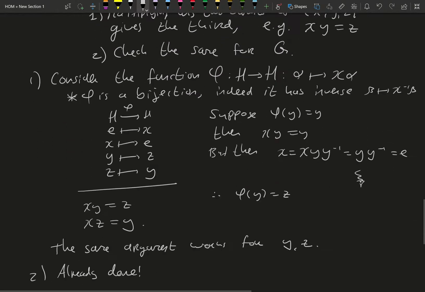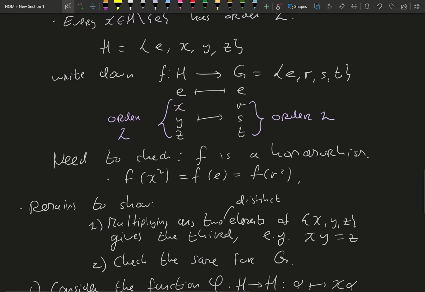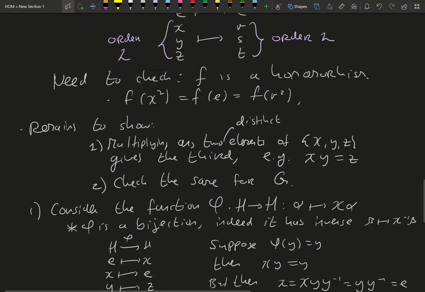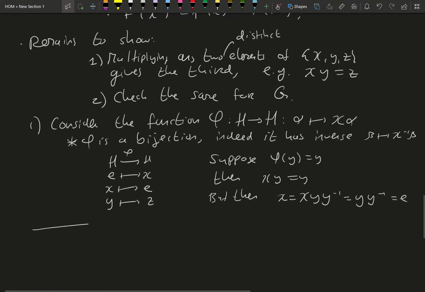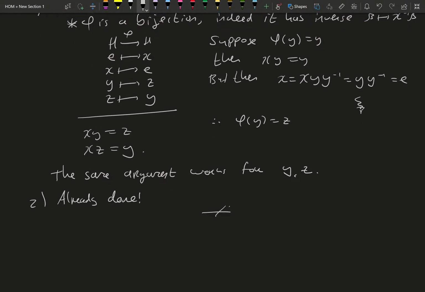Okay, so now we're actually done, because we have this function F from H to G, which is a bijection, and we need to show that it's a homomorphism. And because every element which is non-trivial has order 2, the multiplication over here is respected, and multiplication between these different elements is respected, because we have that, for example, F of XY is F of Z, right?